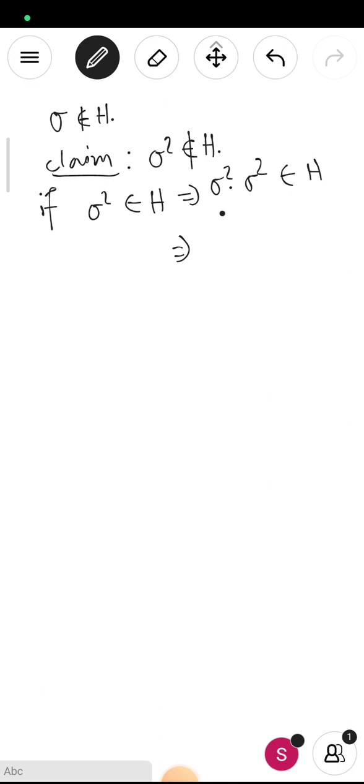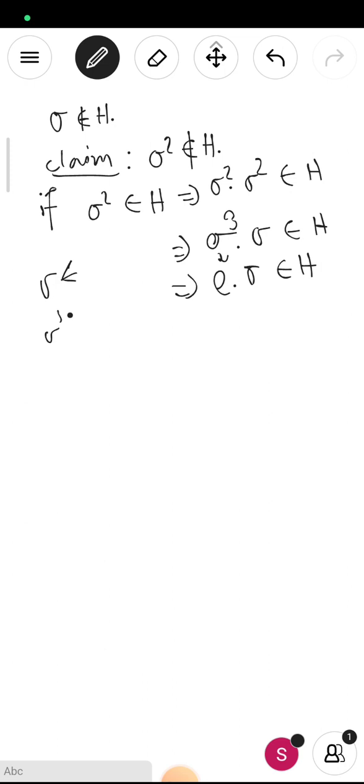We can write it as sigma to the power 4, that is sigma cubed times sigma, belongs to H. We already assumed that sigma is a 3-cycle, so sigma cubed becomes E, the identity element, and so sigma belongs to H. Sigma is a 3-cycle, so if we operate sigma 3 times, it gives the identity, because the order of sigma is 3.